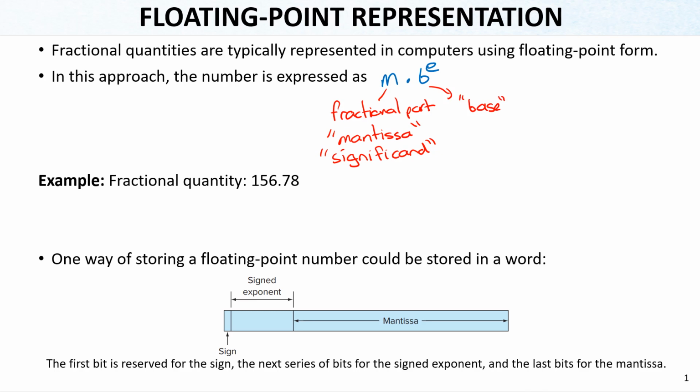And we already know this. For a base 10 system, it is 10. For base 2 system, it is 2. Base of the number system. Also, E. E is an integer. And it is the exponent which makes the fractional part our number, actually, by multiplying.